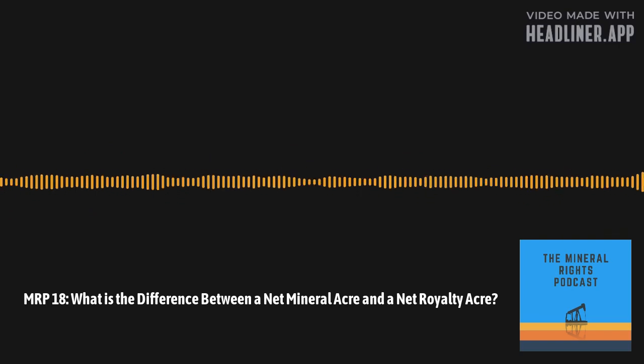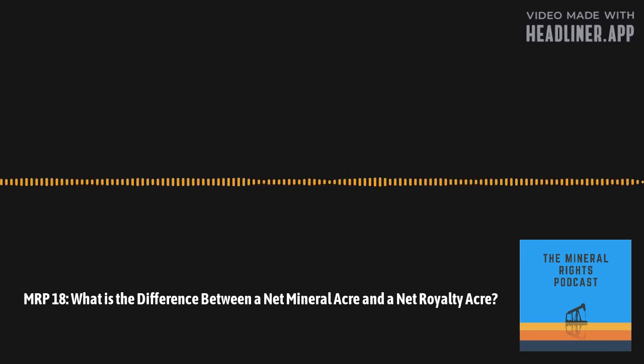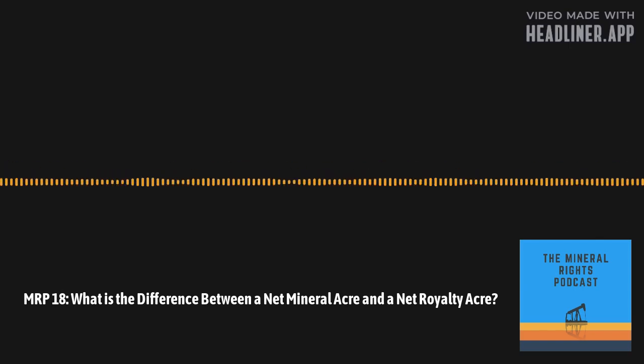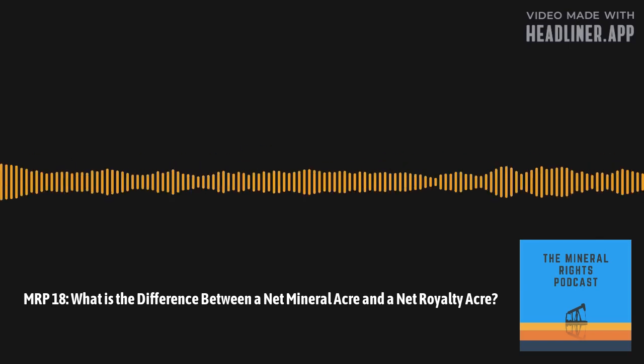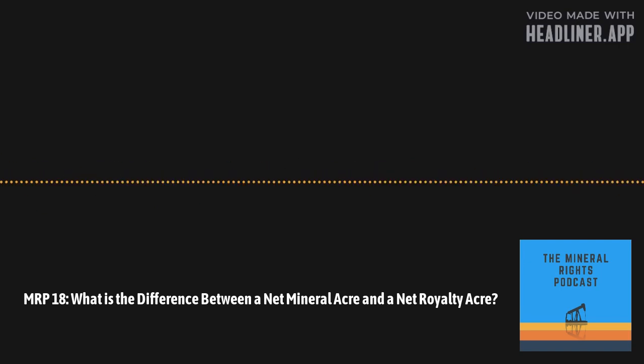Yeah, the previous examples I mentioned assume no non-participating royalty interest is carved out of your minerals. If you're not familiar with that term, go back to the Mineral Rights podcast and you can find more information on our website on what a non-participating royalty interest is. Basically, it's an interest in the mineral estate that is carved out of your portion of the estate.